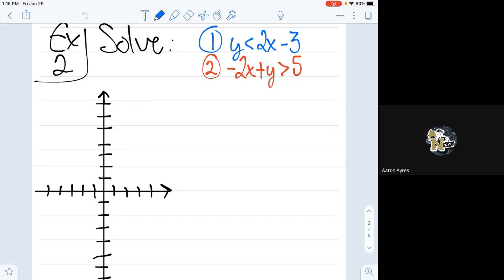We'll start at 0, -3 first, and plot that point. Then what you said, up 2, right 1. Bingo.